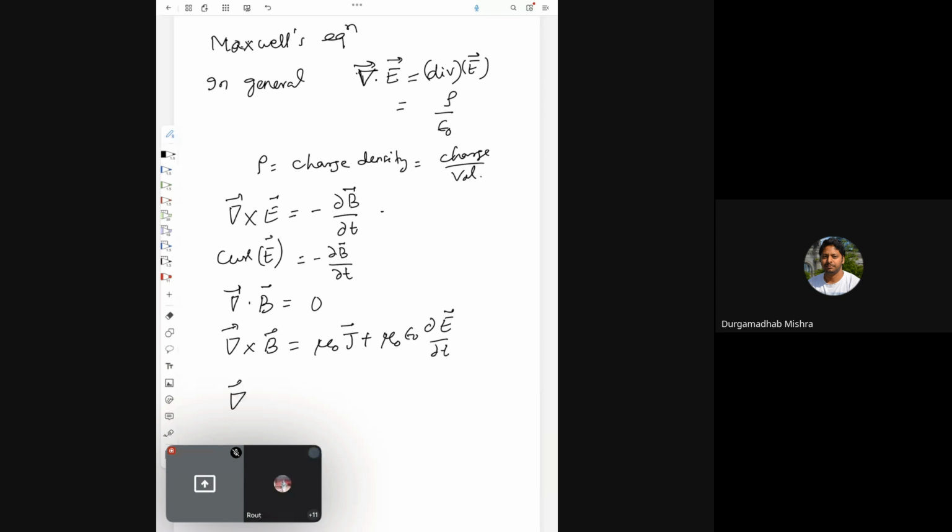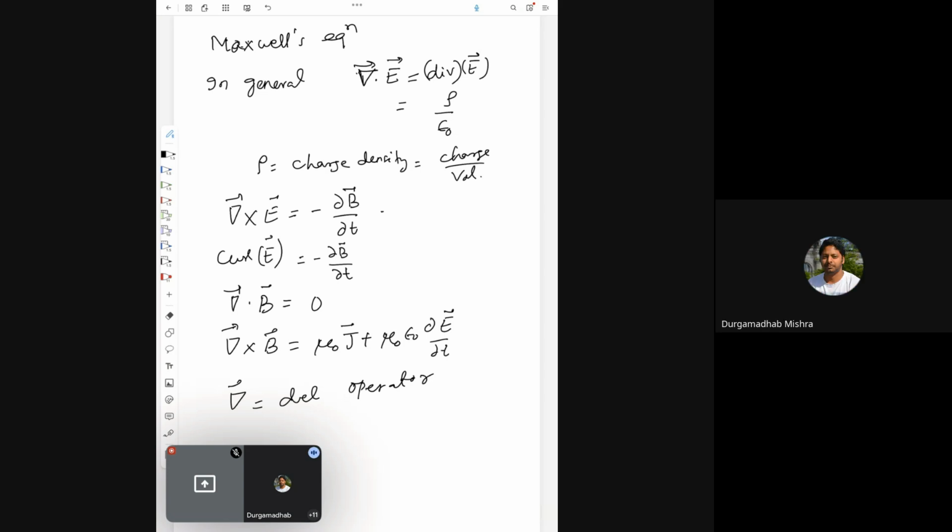These four equations are called the general Maxwell's equations in vacuum, and they capture everything that we are going to discuss. Some of these are written in what we call differential form. The symbol del is called the del operator, and we are operating it on a function, the electric field E or the magnetic field B, and it creates a different scenario.